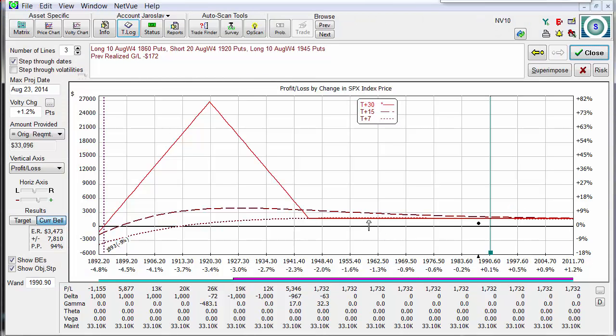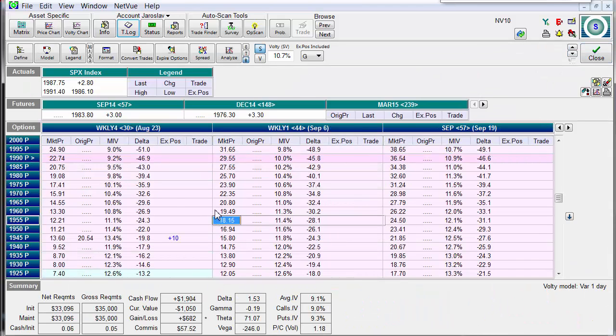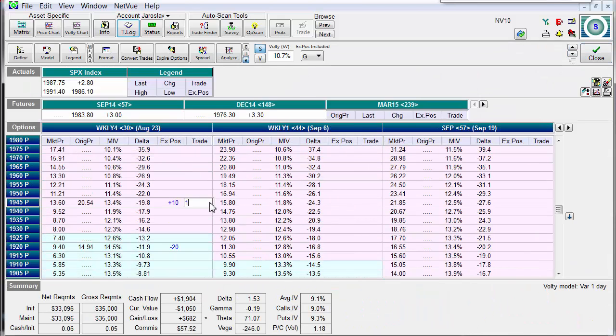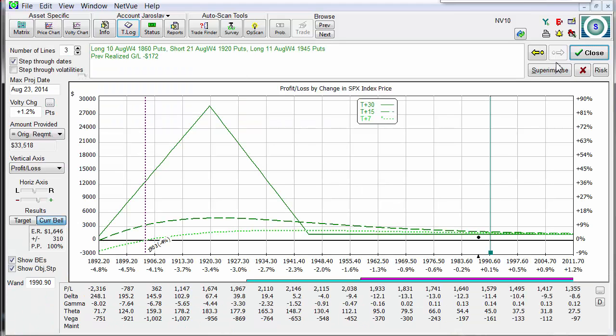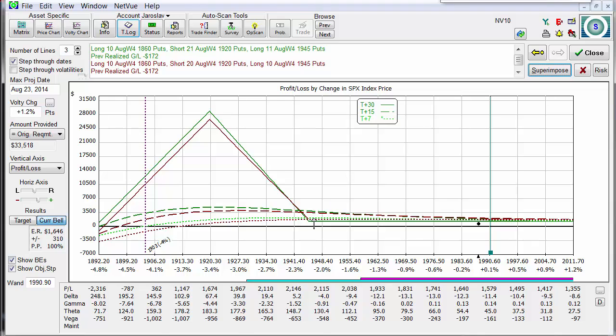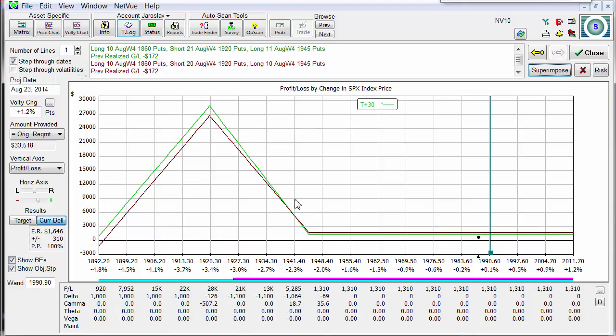And that increased this part of the graph up $412. If I superimpose what I used to have, let me just put these back on. You can see that with the hedge, you make a little bit more money on the downside. It extends your downside break even, but I have to zoom in a little bit to see this expiration.